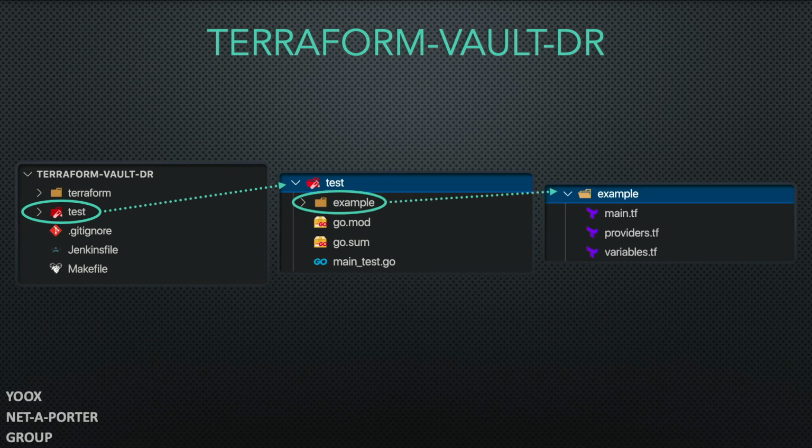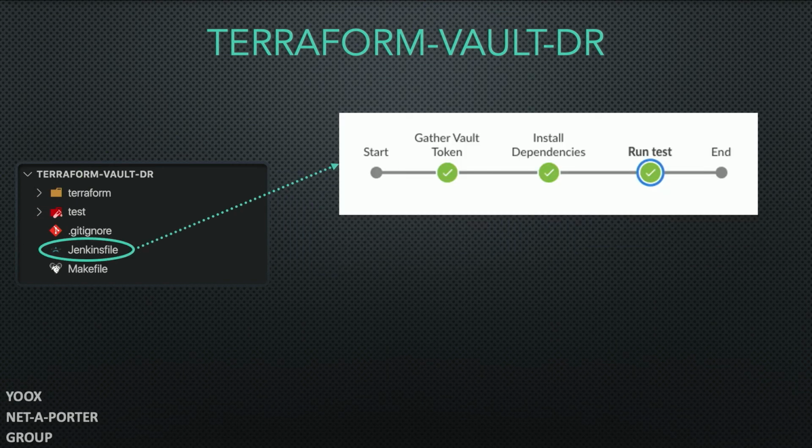Now, the example is kind of a mock of the environments, so it will make use of the Terraform module here. And the Terratest Go file will just make a Terraform init, plan, and apply of the cluster, and then it will destroy it. So as we can see here, the Jenkins pipeline will just gather the Vault token, install dependencies, and run the tests.